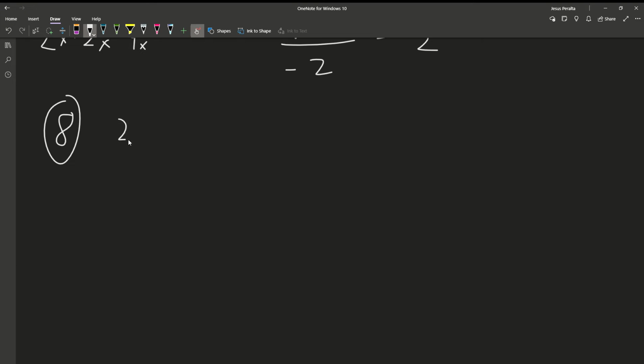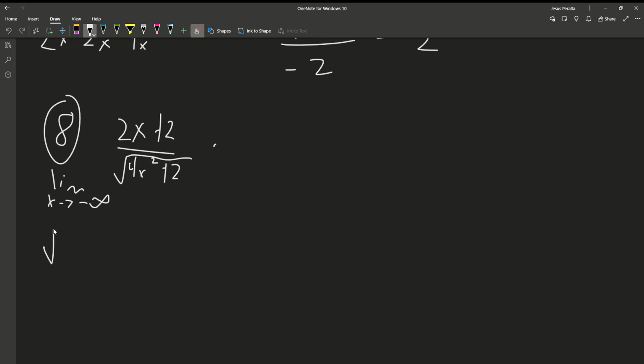Number 8, we have 2x plus 2 over the square root of 4x squared plus 2. Let me write the limit. Limit as x approaches negative infinity. I know this looks really bad. Sorry. So then we are going to multiply.